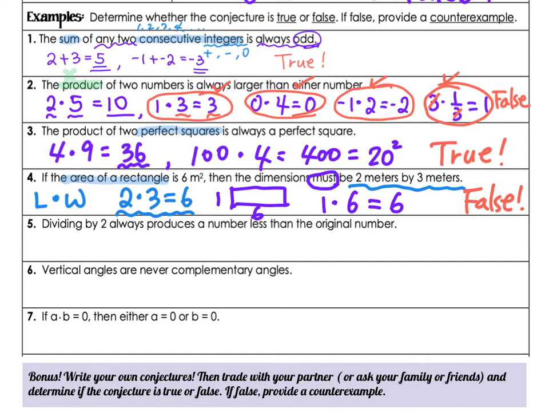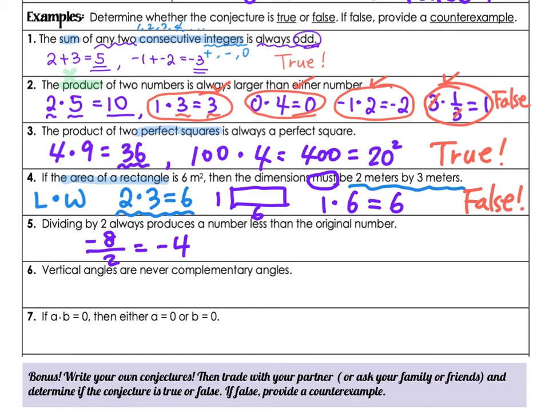Number 5, dividing by 2 always produces a number less than the original number. Alright, so in this kind of case, we can try the negative numbers. We put negative 8 divided by 2, that will be negative 4. So the original number is negative 8.